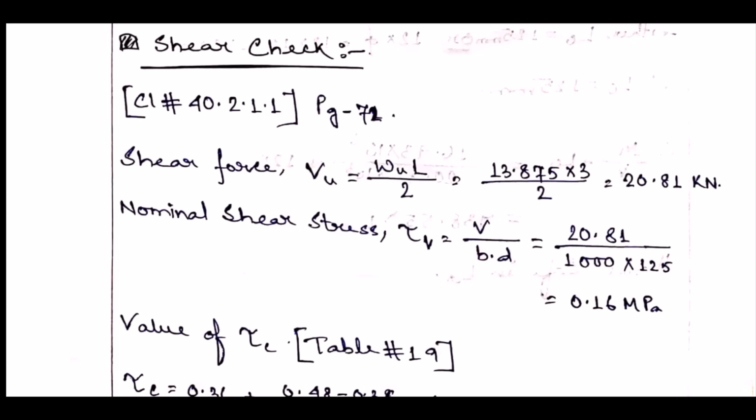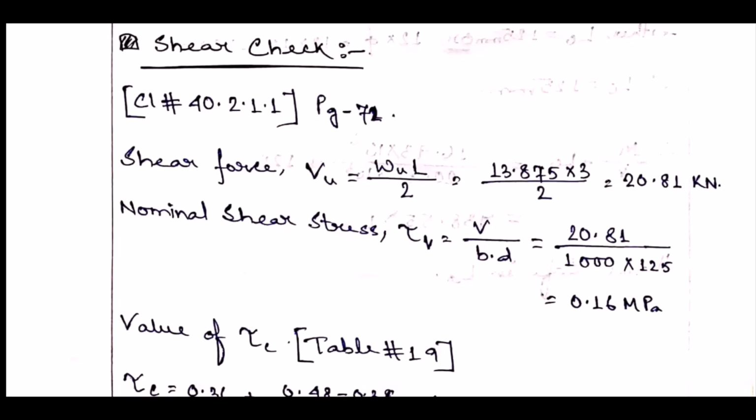To find the shear force we use the formula WL by 2, that is equal to Wu, which we calculated as 13.875, into L, which is 3, by 2, that is equal to 20.81 kilonewton.